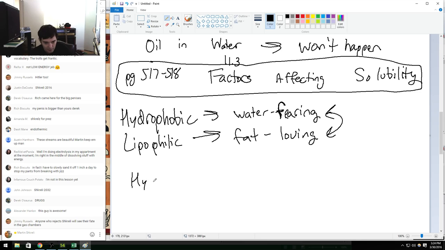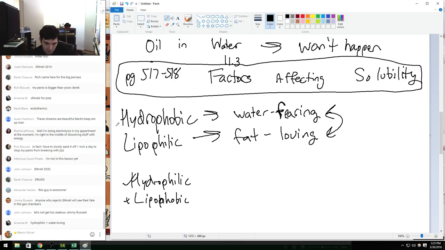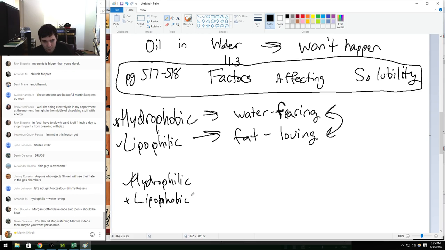And then we have the opposite. We have hydrophilic and lipophobic. You don't hear the term lipophobic a lot. The preferred term is kind of hydrophilic. These are both kind of preferred terms, lipophilic, and I think is a little more preferred than hydrophobic. So we tend to go with the philic than the phobic.